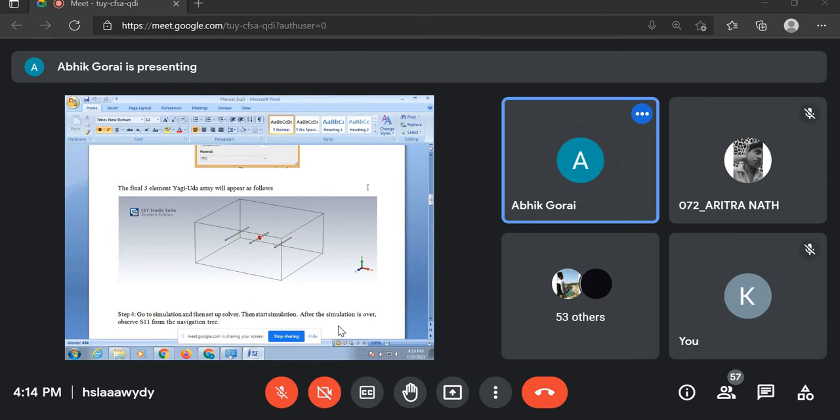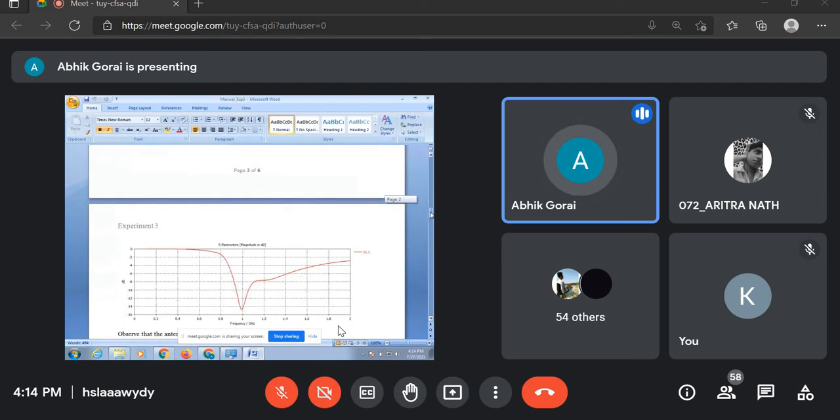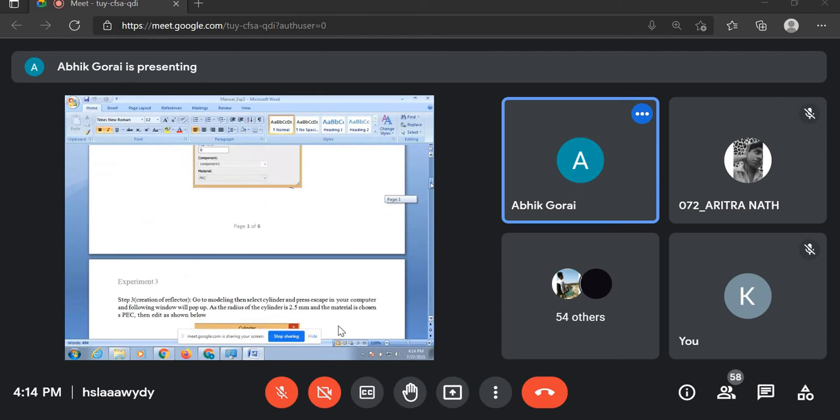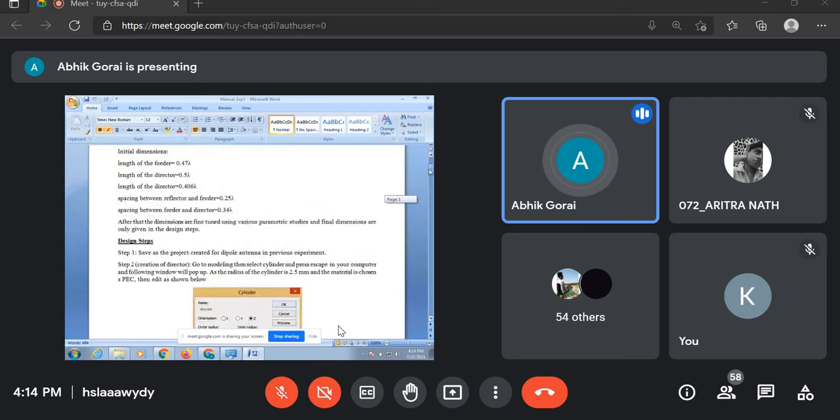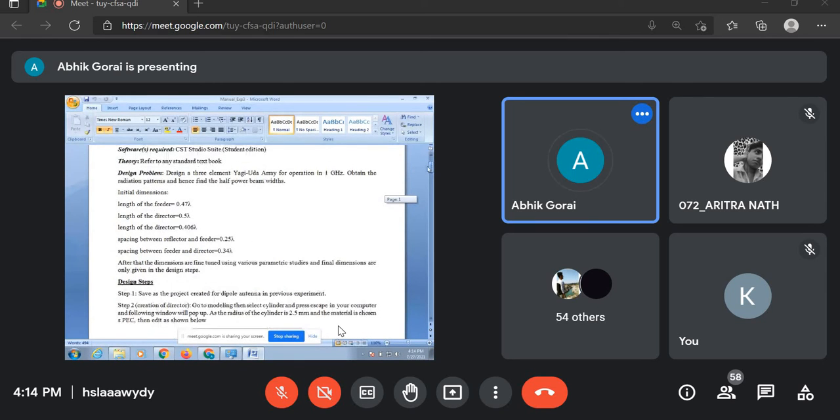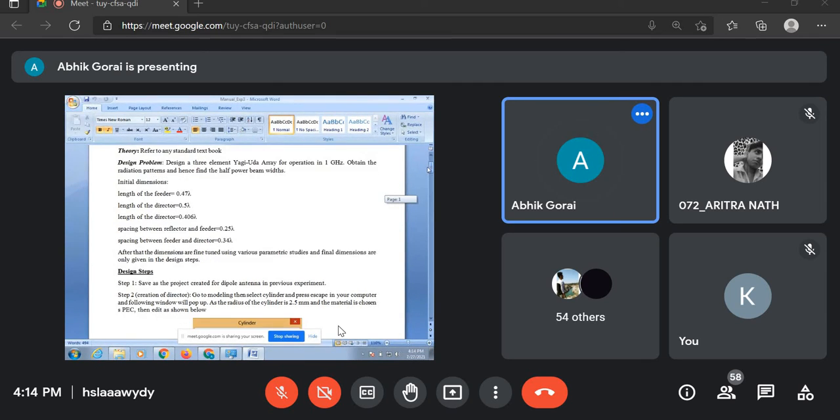So what we will do, simply, is find whatever parameters we had found in the previous class. I had shown you the experiment for a dipole antenna operating at 1 gigahertz. So I chose to design a Yagi-Uda antenna array for operation at 1 gigahertz. The dimensions are like this.